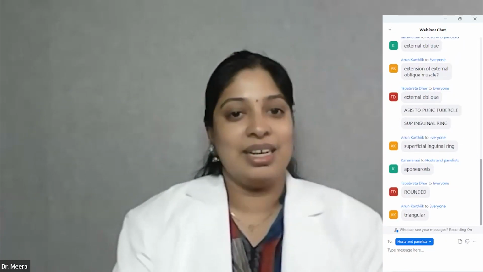No, it is actually triangular. The superficial inguinal ring is a triangular opening, so the name we use is actually a misnomer. It's a triangular opening that we see in the external oblique aponeurosis. Very good. So these are the main points that you should remember.